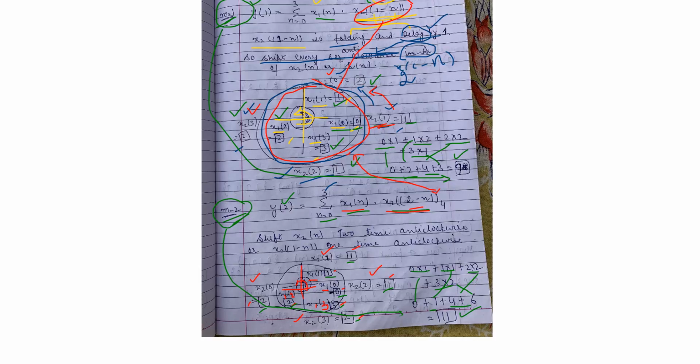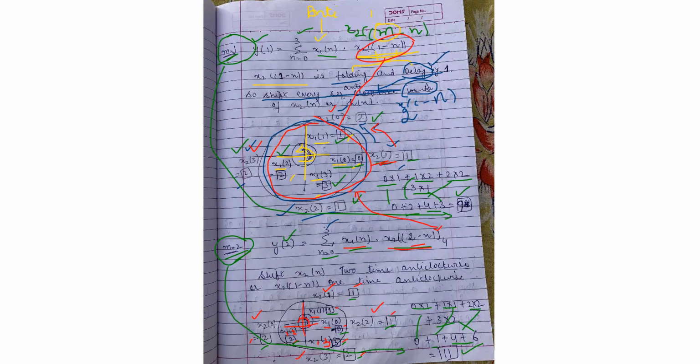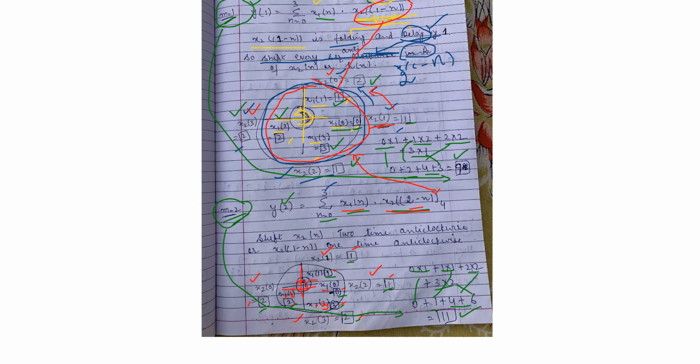Similarly go for m equals 3. Okay, m equals 3 you have to do yourself. The value for m equals 3 comes out to be 9. Calculate in a similar way. You have to shift this sequence in the anti-clockwise direction by 1 and you will get x2 of 3 minus n.